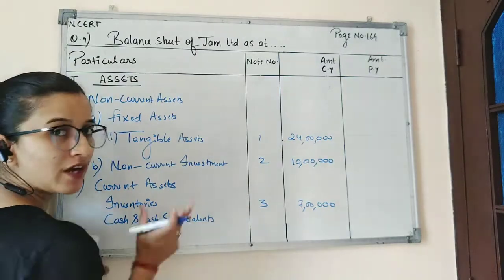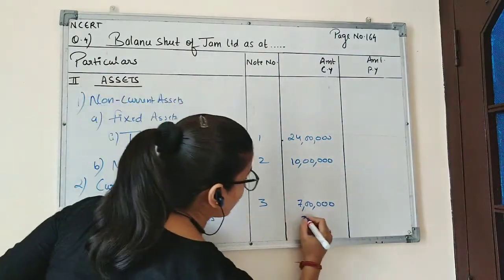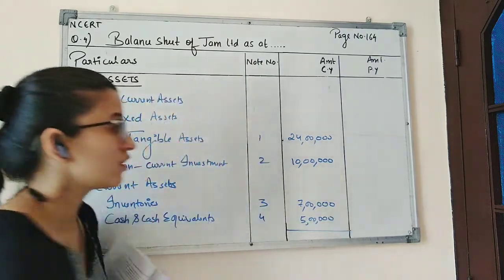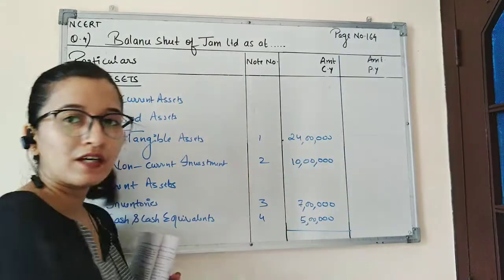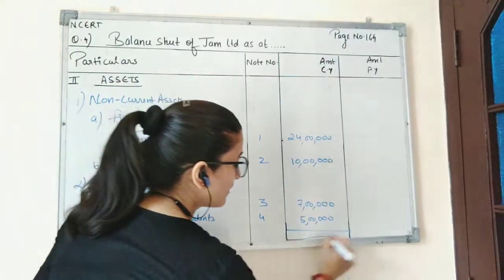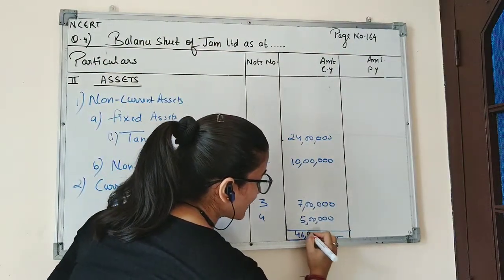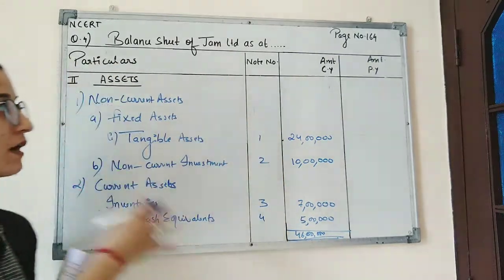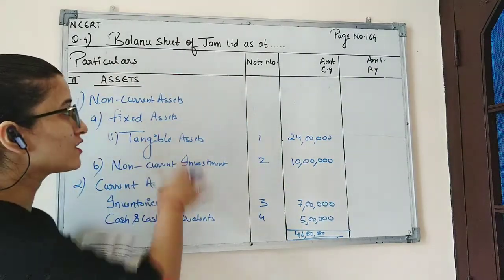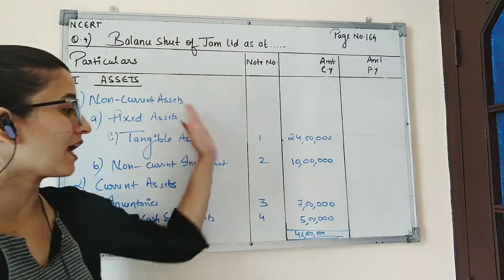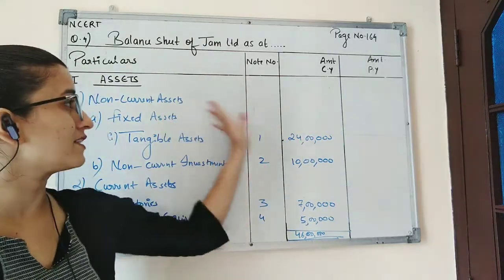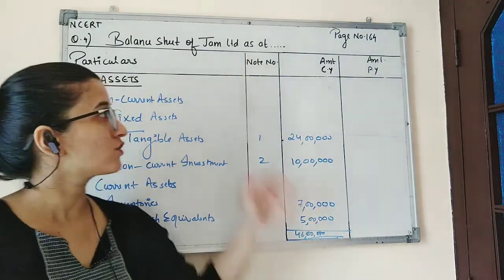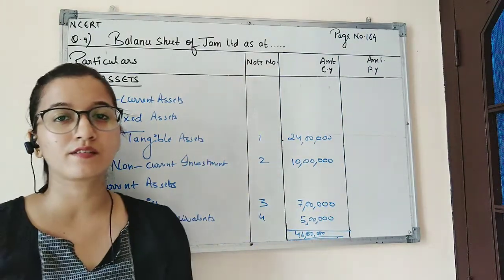We will record this 5 lakh in cash and cash equivalents. So this is the total amount of asset. By adding this total amount, we will get 46 lakh as total assets of company. So here we can see in this balance sheet, the amount of liabilities and assets are equal, amounting to rupees 46 lakh. So here balance sheet is balanced.